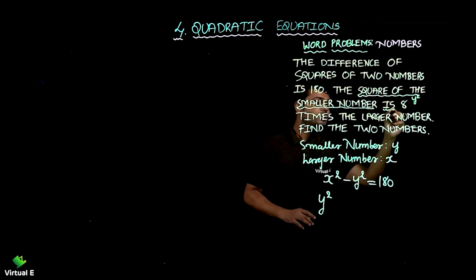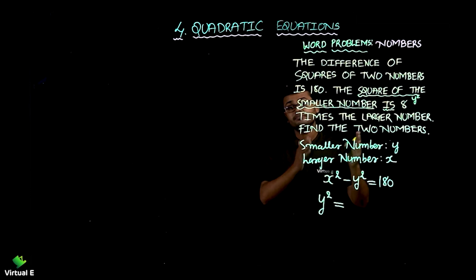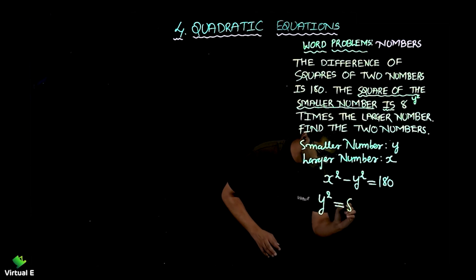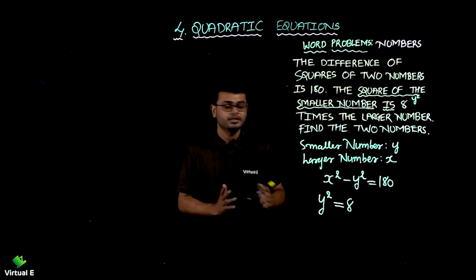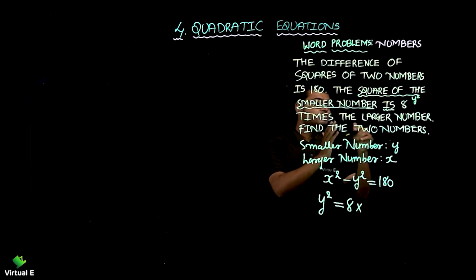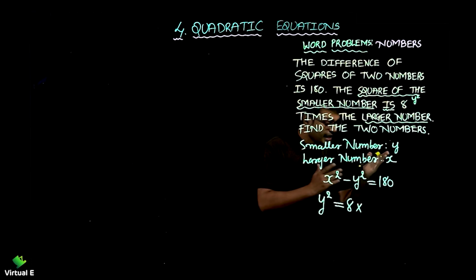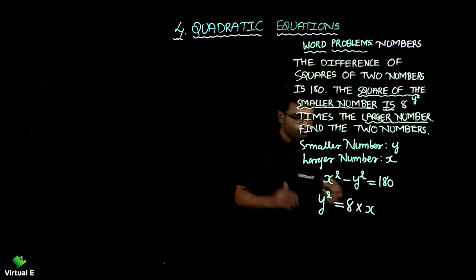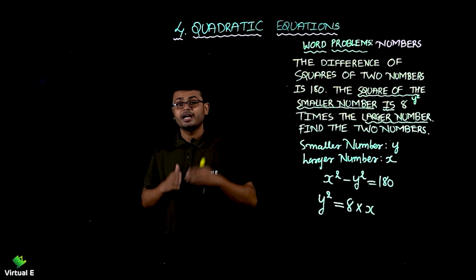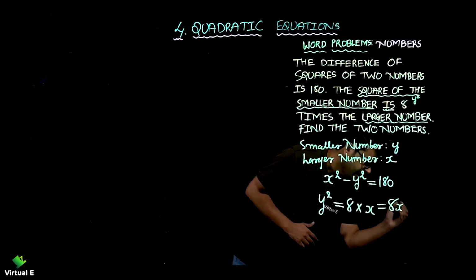Is means what? Equal to sign. I am ready. Then 8 times, I have written 8. Times means multiplication. 8 times what? The larger number. What is the larger number? X. So what is the value of y square? 8x. I can write in simple form 8x.